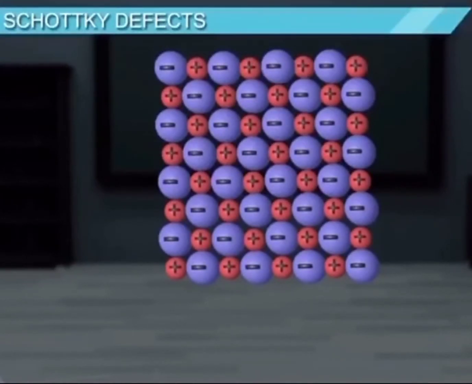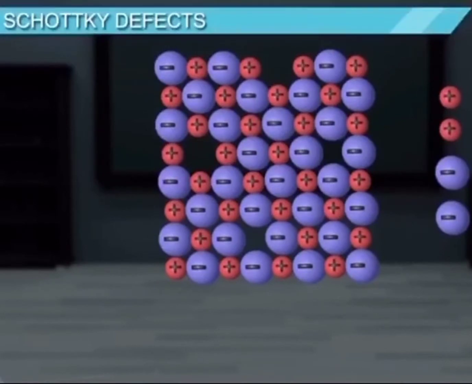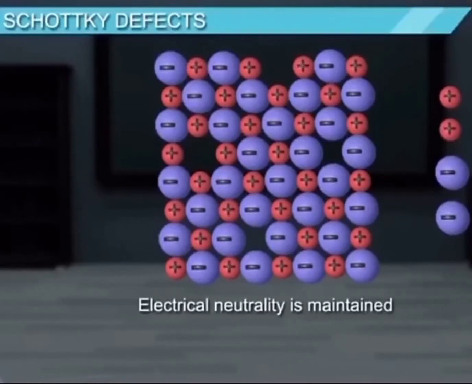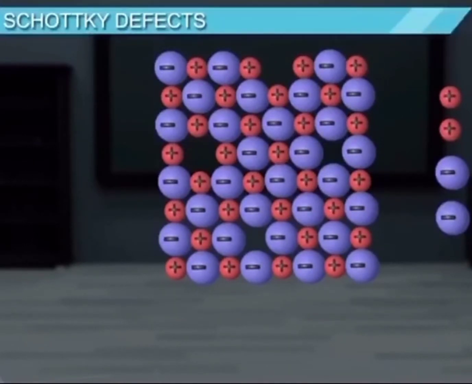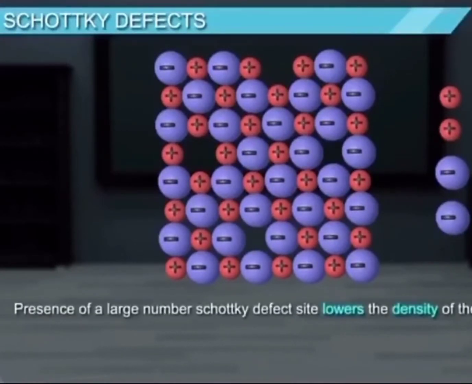Schottky defect. It is basically a vacancy defect in ionic solids. In order to maintain electrical neutrality, the number of missing cations and anions are equal. Schottky defect is shown by those solids in which cations and anions are of almost similar sizes.